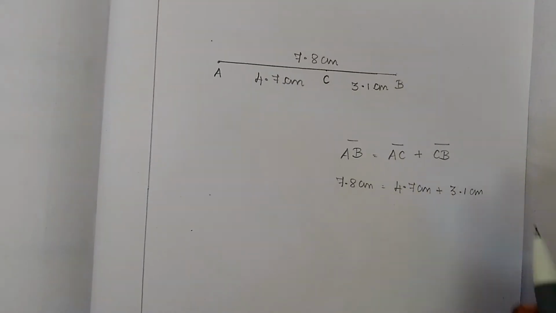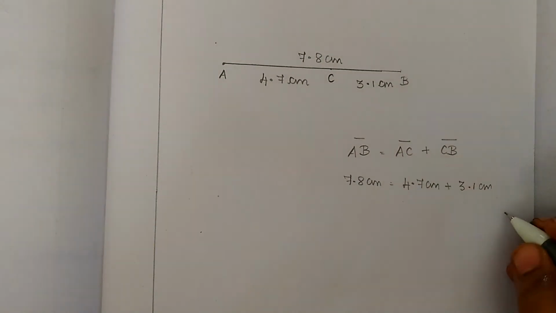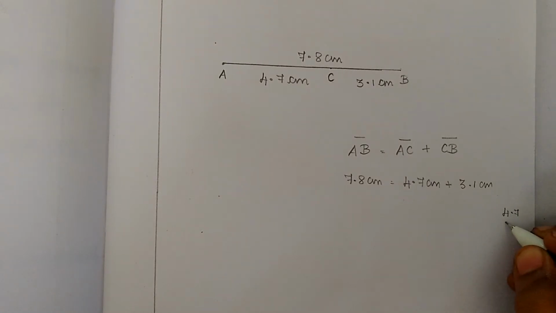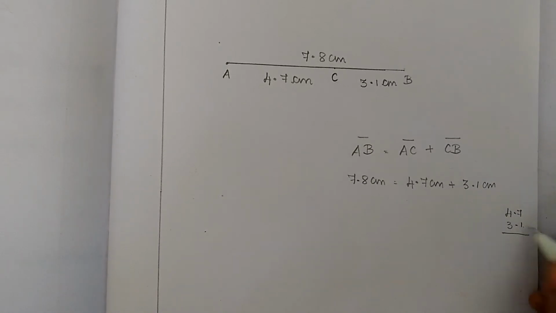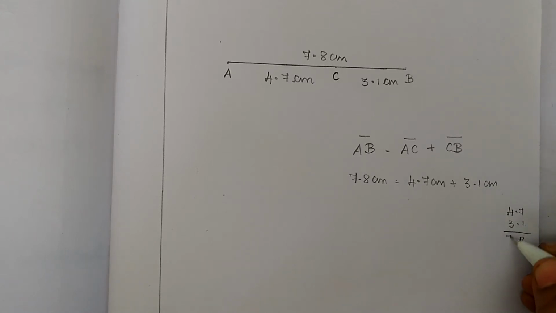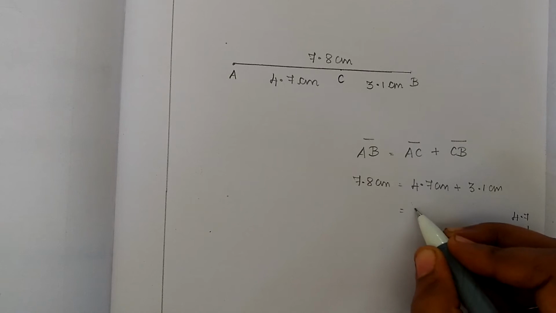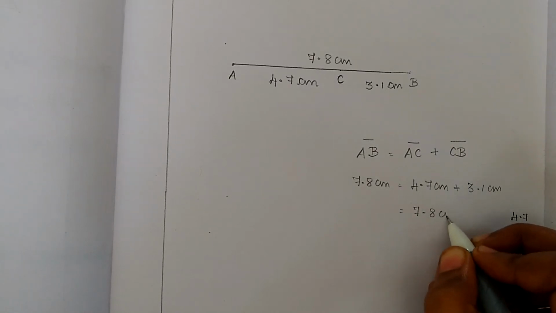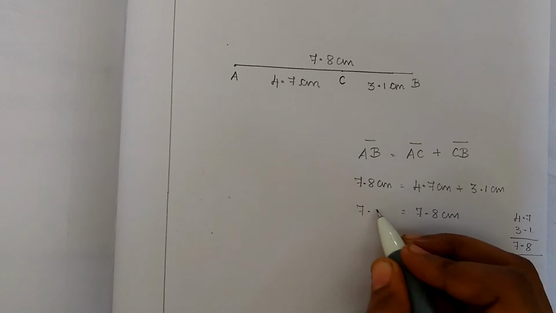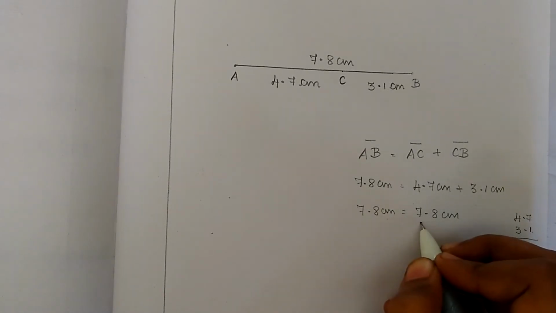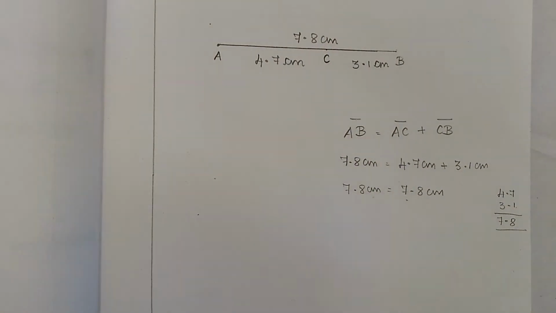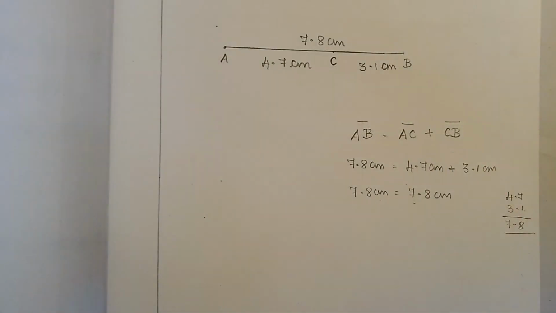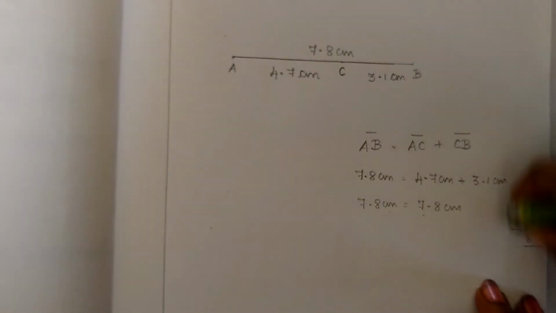We have to add these two values. 4.7 plus 3.1: 7 plus 1 is 8, 4 plus 3 is 7. So the value is 7.8 centimeter. Both are equal. Hence it is verified. Erase it, don't write.